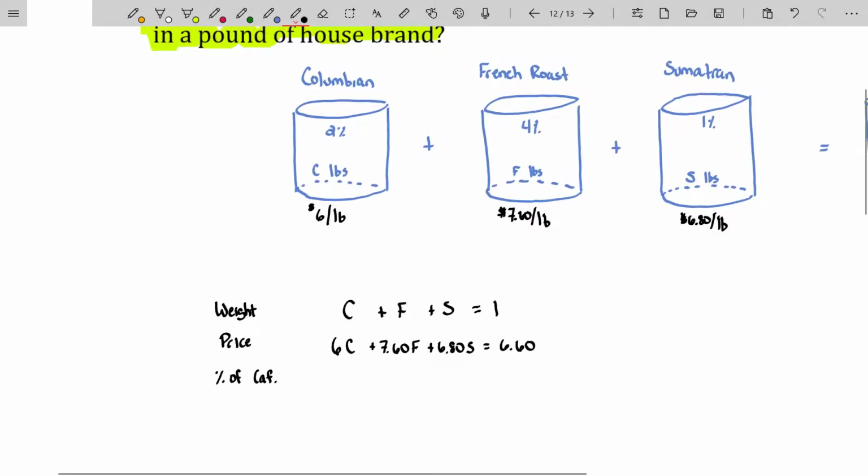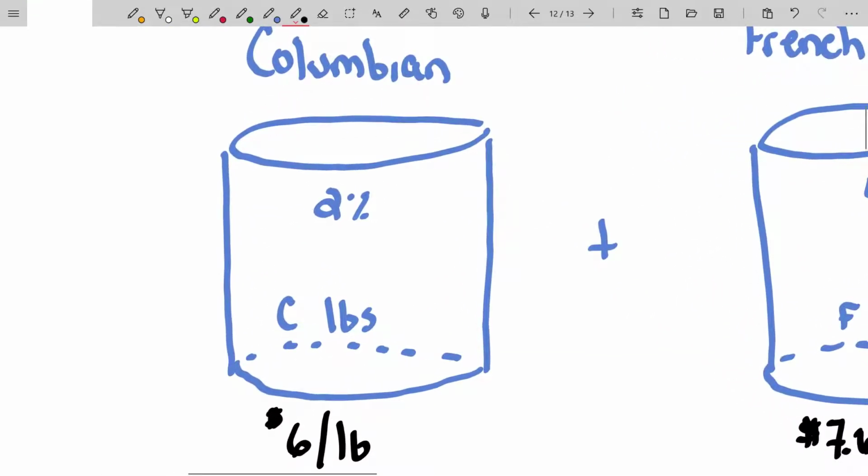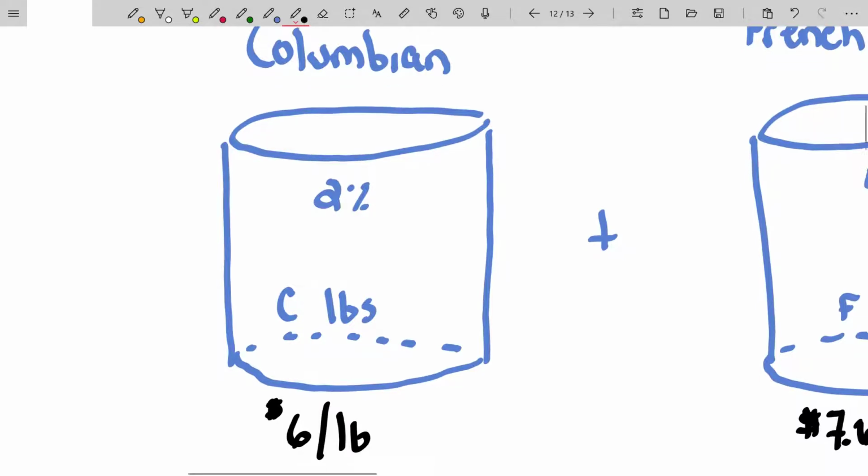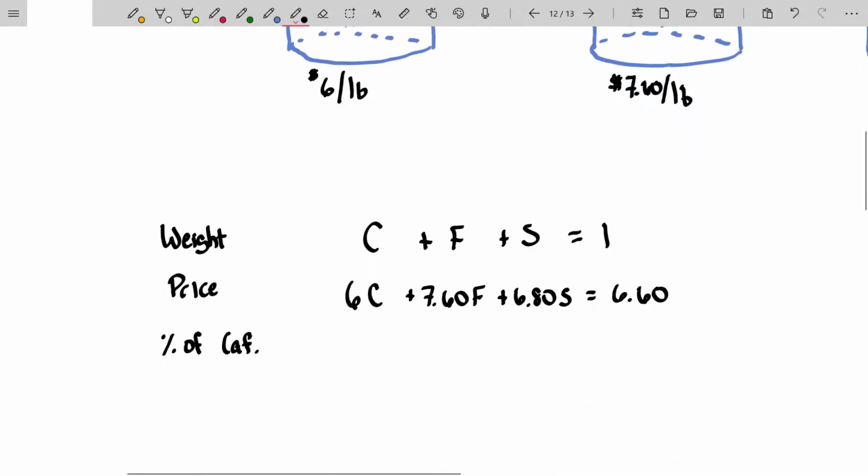All right. And let's see. The Colombian is 2% caffeine. So if you had a full pound of Colombian coffee, 2% of that full pound would be pure caffeine. So we're going to go ahead and say we have 0.02, which is 2%, times the number of pounds of Colombian. That's how much caffeine we get from the Colombian coffee.